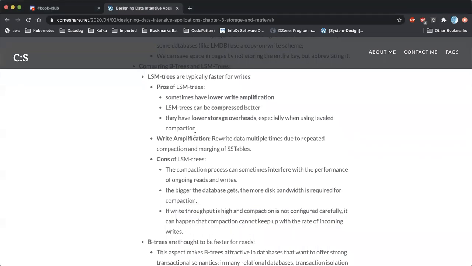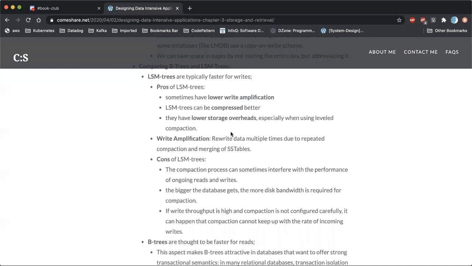And LSM trees can be compressed better. I didn't quite follow this because I thought this is the same case with B trees as well, right? Because in B trees, we are not even having the duplicates. So I didn't quite follow what he meant by compressed better.